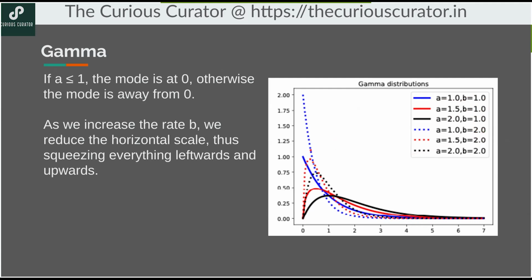So for a fixed a, if b is increasing, the rate at which it goes down increases. Now you can see that this dotted blue curve starts at a much higher value and has a higher b relative to the solid blue. But it decays so fast that it crosses the solid blue and goes below it. So that's the decay rate in terms of what b does.